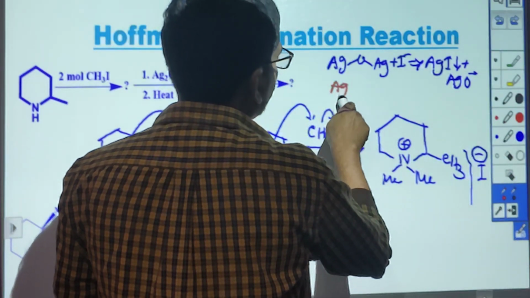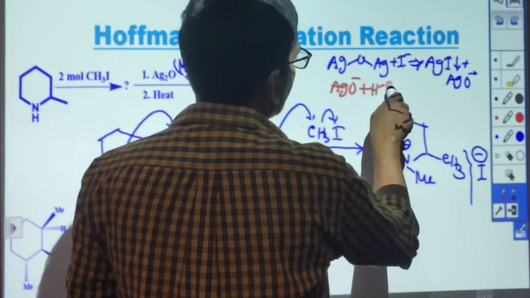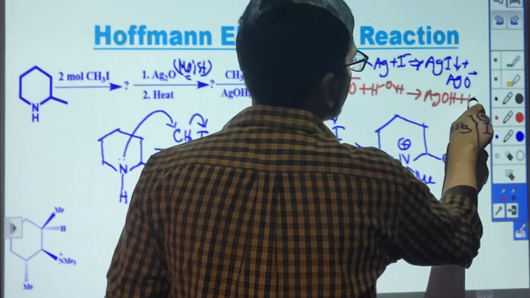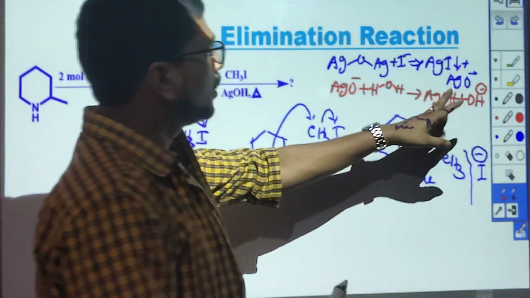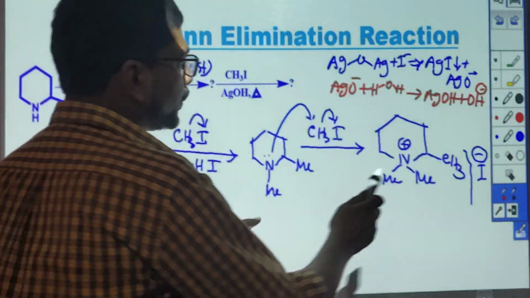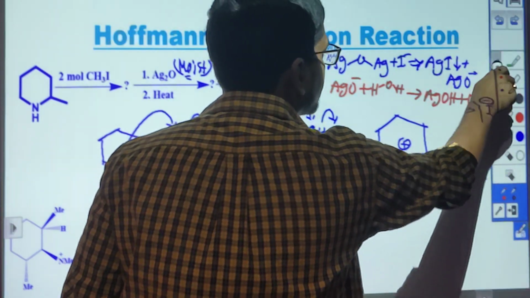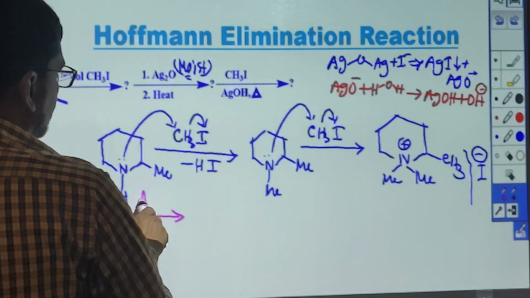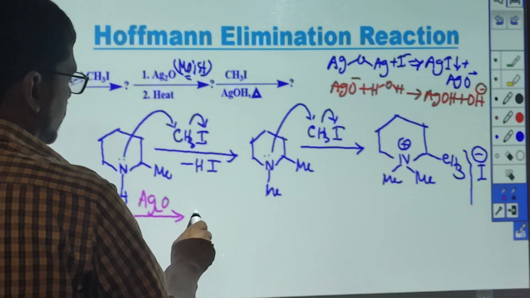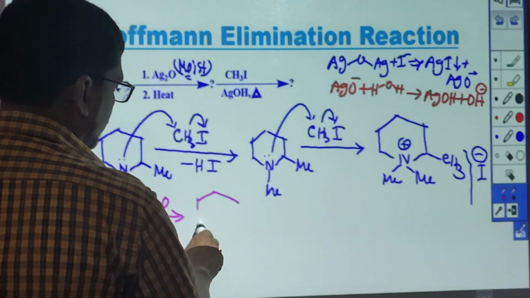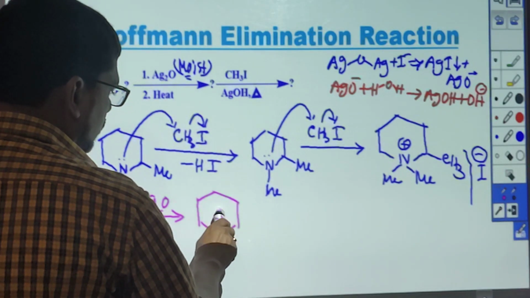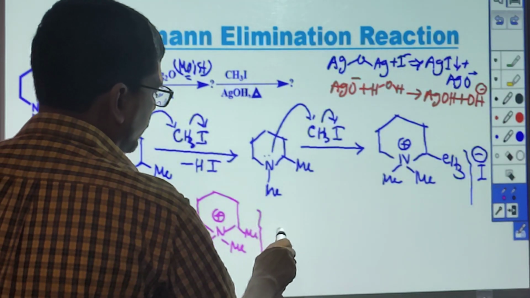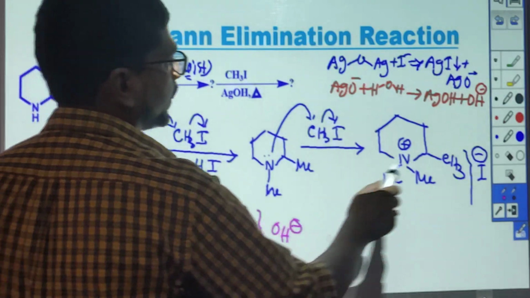This AgO minus reacts with H2O to produce AgOH plus OH minus. Okay, we have got the OH minus. Now in the next step, we just write Ag2O moist, then we will be getting this one, Me, this is my Me, and this is my counter ion OH minus.